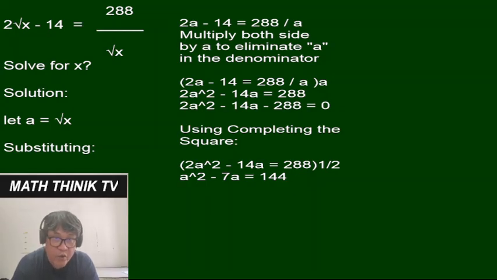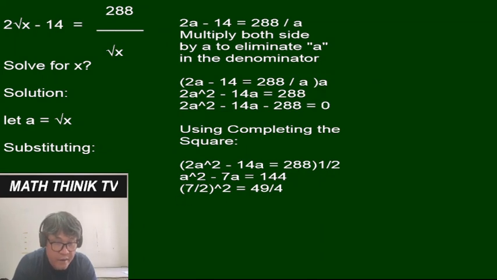Then we complete the square now. So the coefficient of a, 7, over 2. Then we take the square. Like this. So that will be 7 square is 49 over 2 square is 4, right? Then we will add this to both sides to complete the square, no?